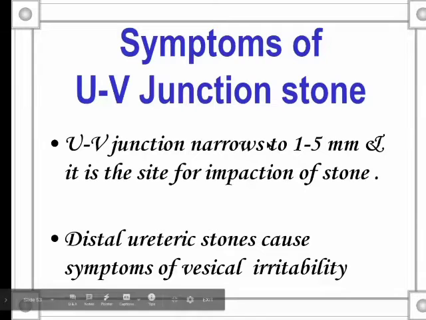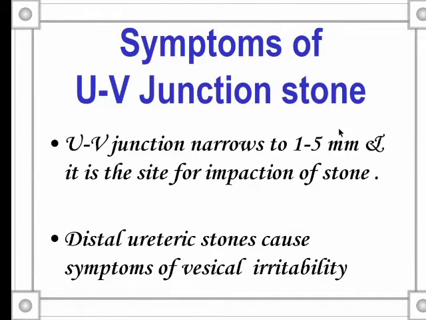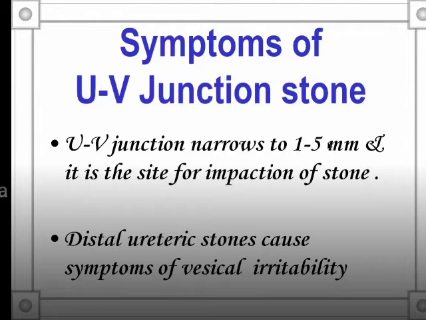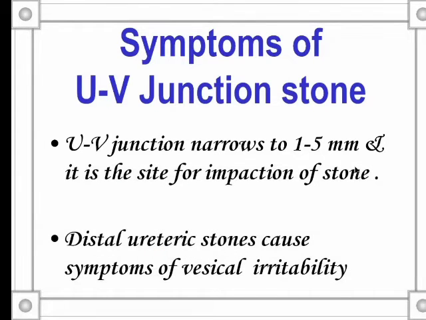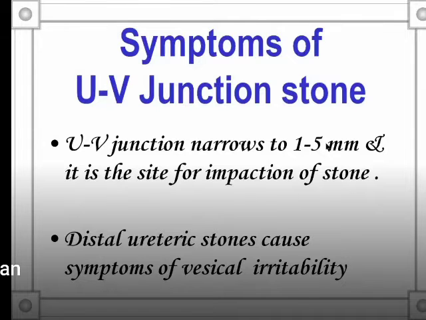The vesicoureteral junction is narrow, about 1.5 mm. So if there is a big stone, it is likely to get impacted. It is the site for impaction of the stone. If the stone is coming down from the pelvis through the pelviureteric junction, it is likely to get impacted at the ureterovesical junction.